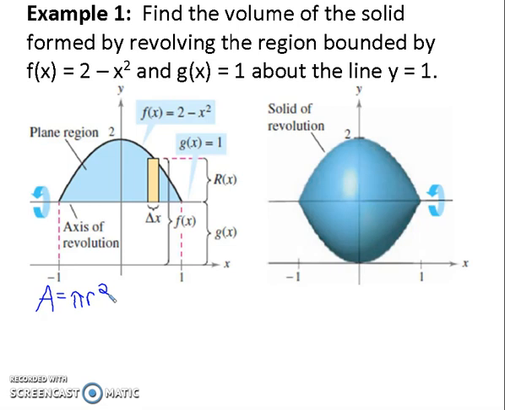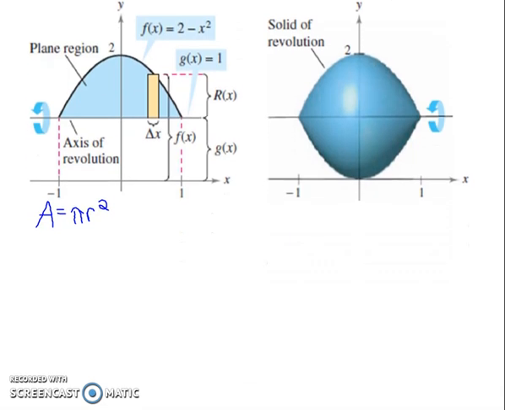So we're still going to approach it the same way that we approached x-axis rotations. If we're rotating around the x, then we integrate with respect to x. So since we're rotating around a line that's parallel to the x-axis, we are going to integrate with respect to the variable x.